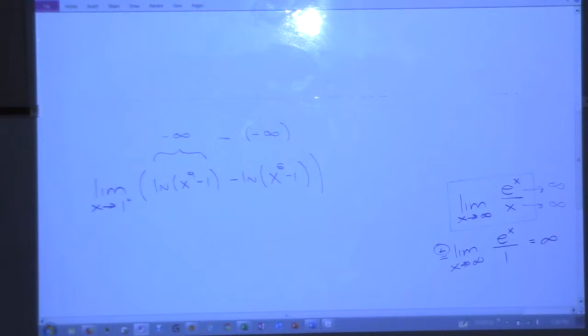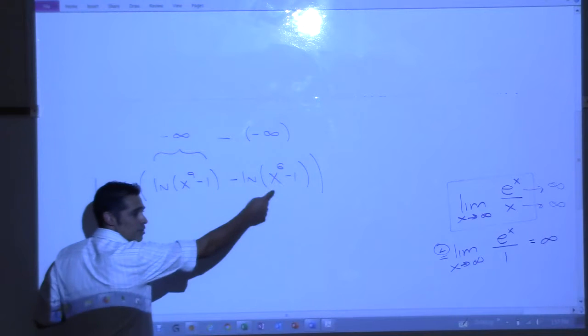So now in this one, I'll give you a hint. I would not factor. You take the natural log of x to the 9th minus 1 over x to the 6th minus 1. So push them into one log? Yes, that's the way to do it. So we have two logs with subtraction, right?